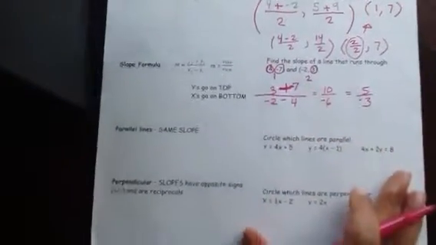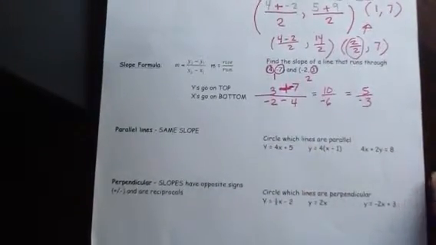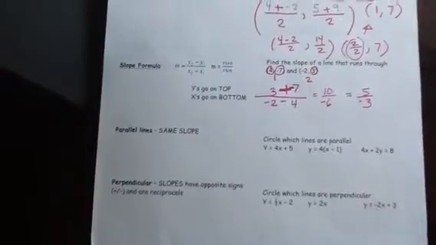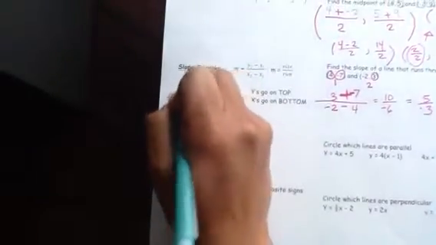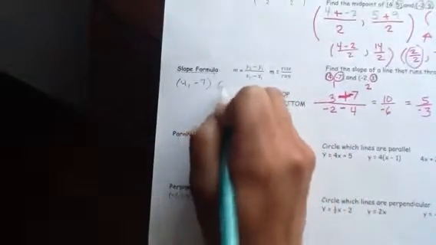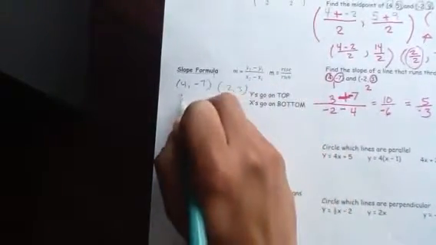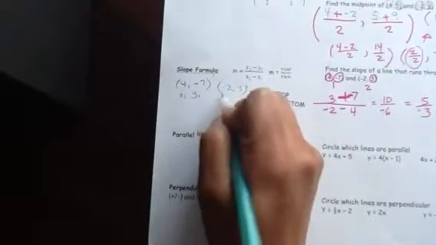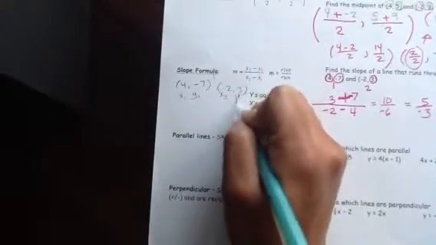Another way to set it up is you can label each coordinate. I'll do that over here. So you can label each coordinate, and I'll rewrite it. X1, Y1, X2, Y2.